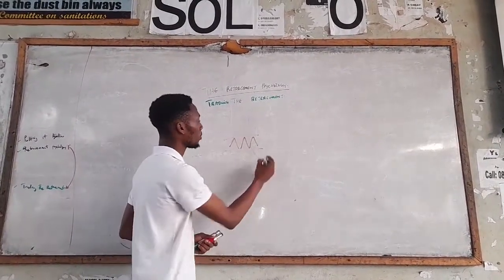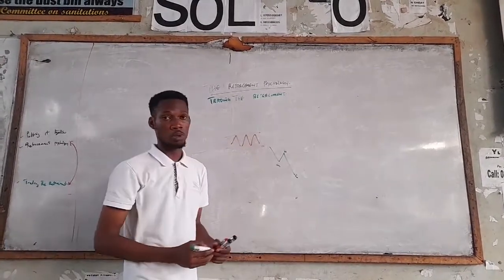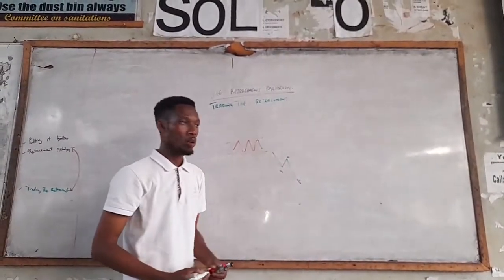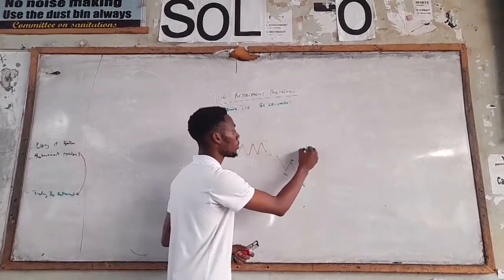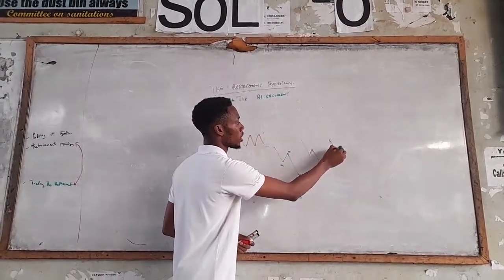And again, we can have something like this, A, B, C. This is very smooth because you are supposed to take your entry from B targeting C. But when you go through your charts, you notice that sometimes the retracement doesn't just come this way. Sometimes you can have something like this.